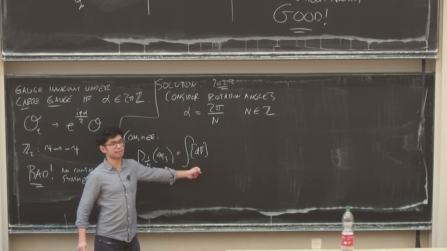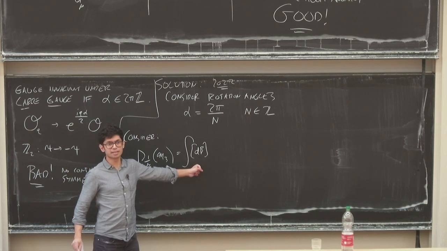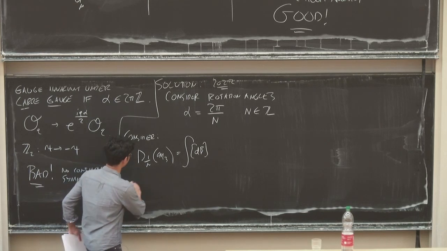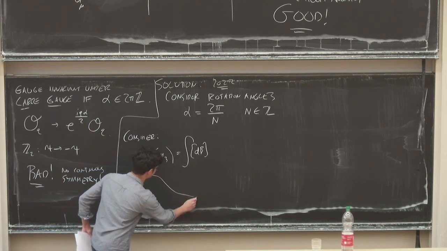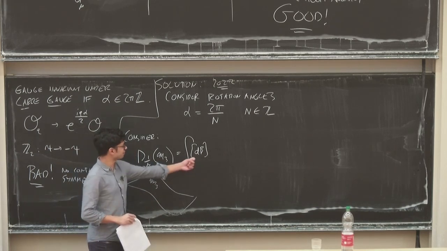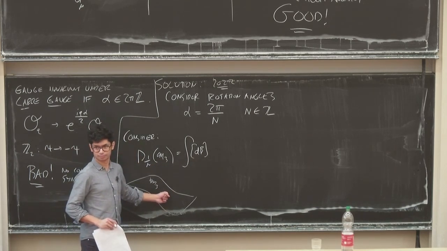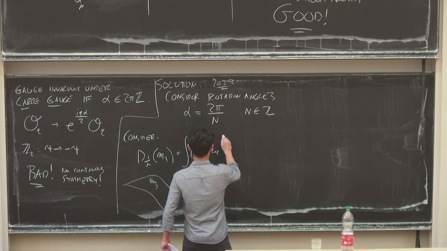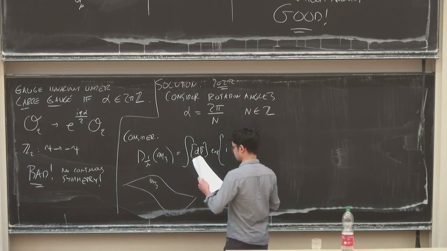I'm going to call it B. B lives only on M3. Remember, I'm defining a topological defect, which means I'm defining some submanifold, M3, a codimension 1 submanifold. B lives only on M3. I'm going to integrate over B. I'm going to define the following thing.